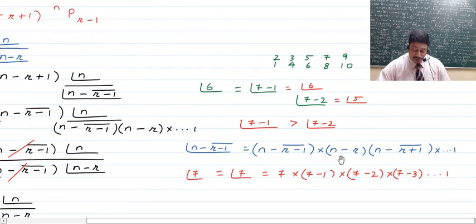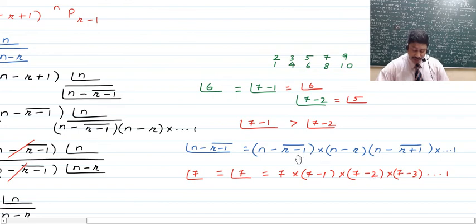So here also the next natural number has to be one more than the earlier subtracted number, that is r minus 1. Here, as we've written 7 minus 1, the next is 1 more than 1, that is 2.